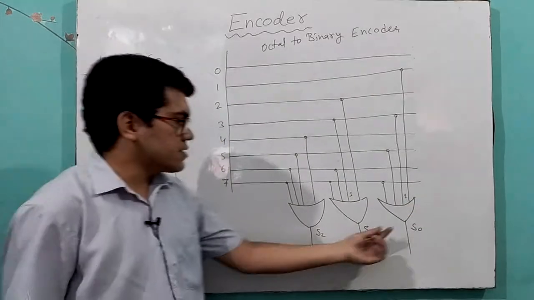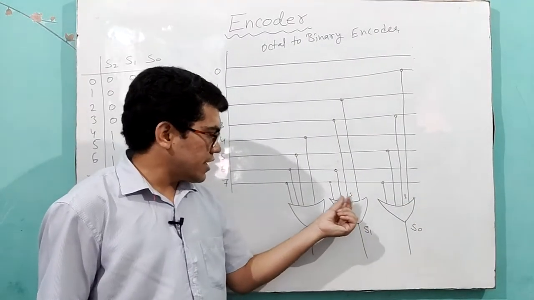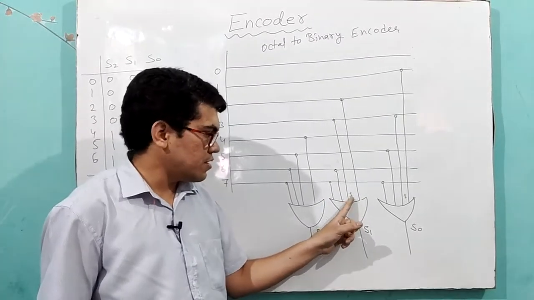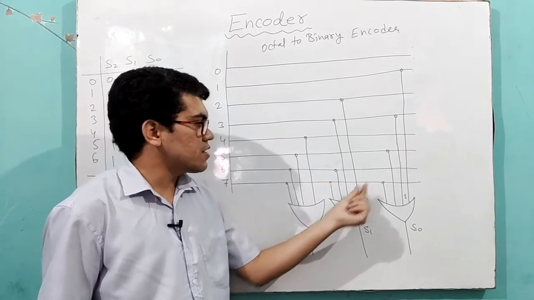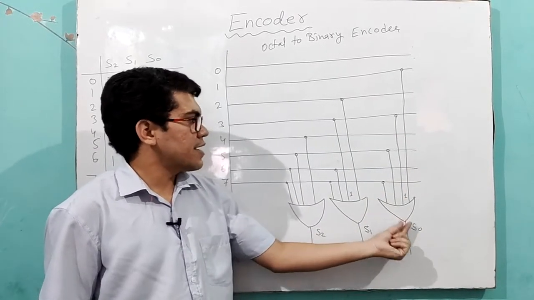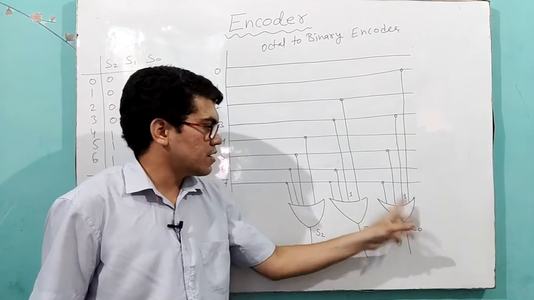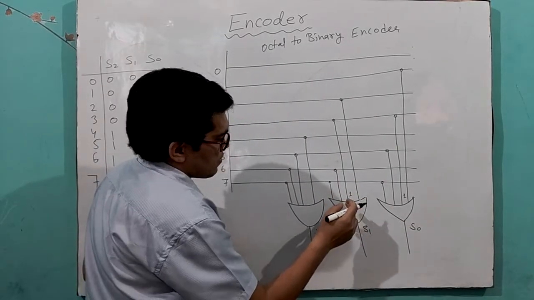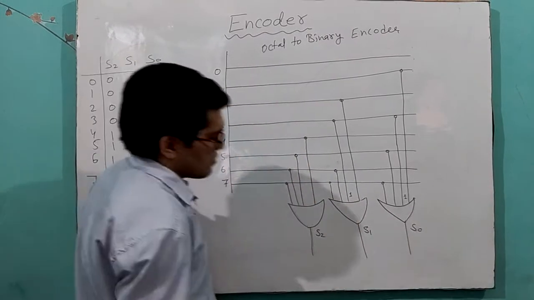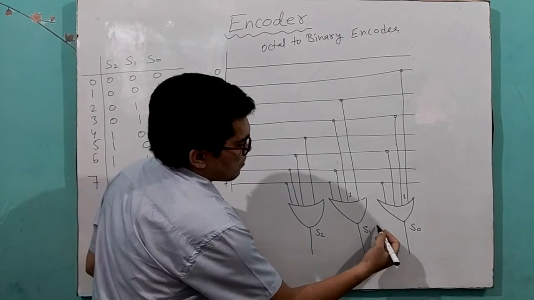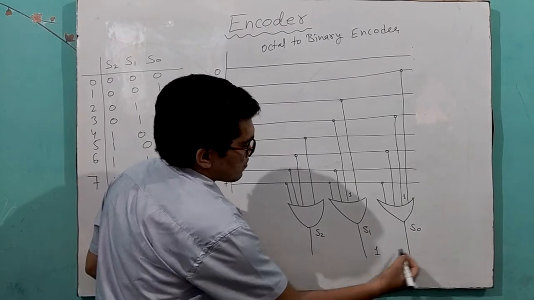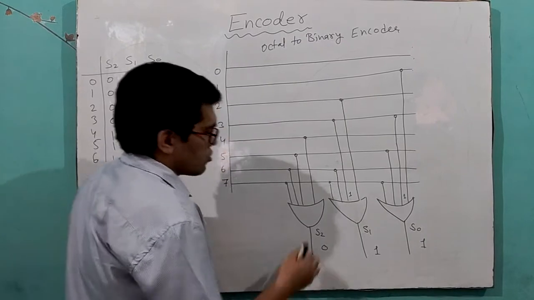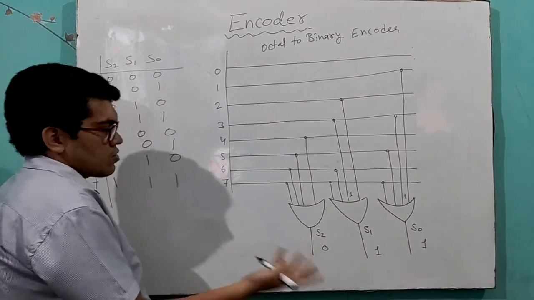Since these are OR gates, the rest of the inputs will be 0, but this one will be 1. Other inputs are 0 because only one signal we have sent, so it will produce the output 1, it will also produce the output 1 and it will produce the output 0 because all are 0.